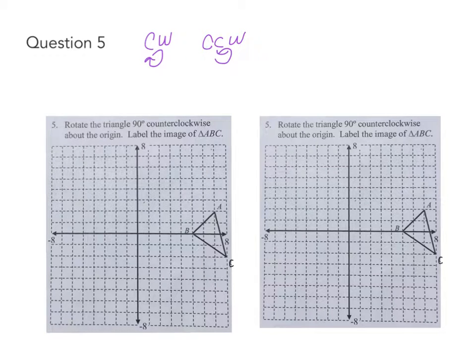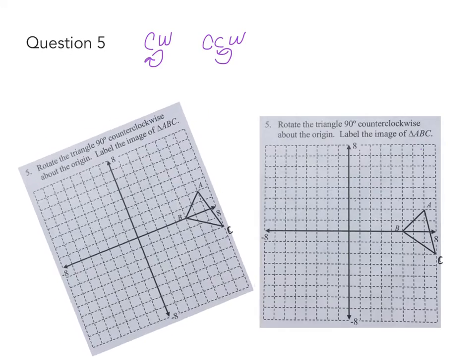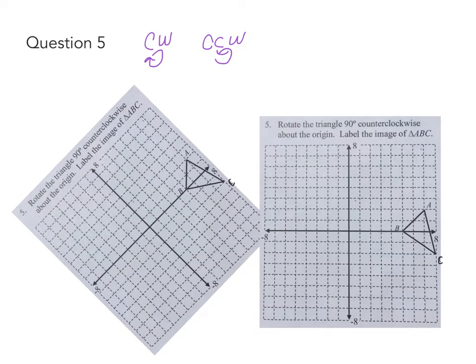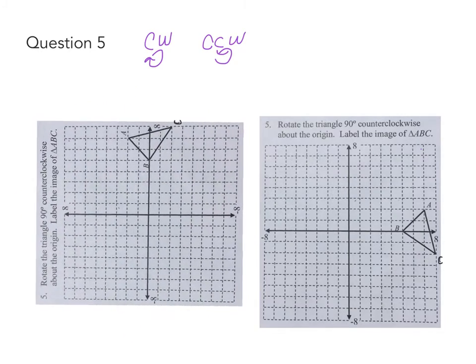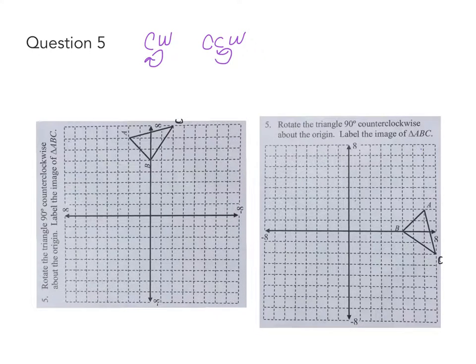So again, we're going counterclockwise, and I'm going to take the question, and for you, this would be your whole paper, and rotate that 90 degrees counterclockwise. And what we see is our triangle is now in the position that it should appear in our image.